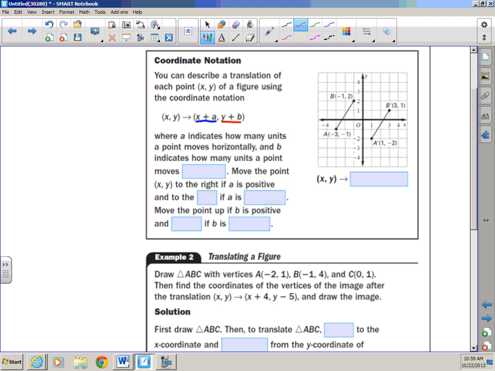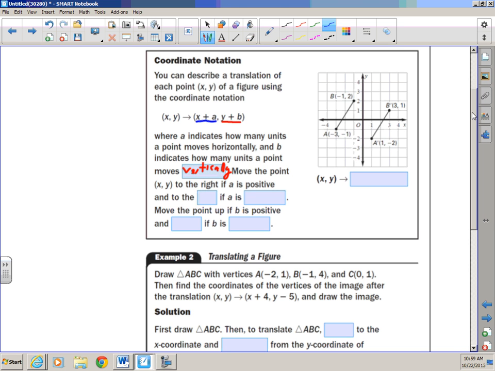Okay? So, A tells me how many units to move a point horizontally, and B tells me how many units to move a point vertically. A is associated with x, B is associated with y.